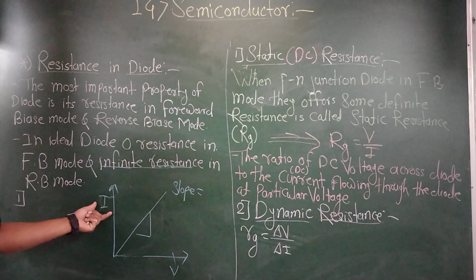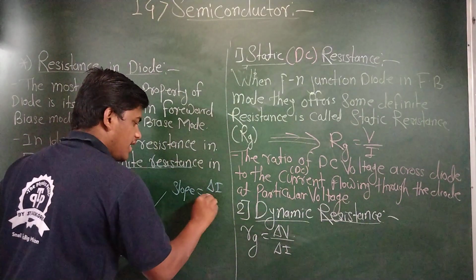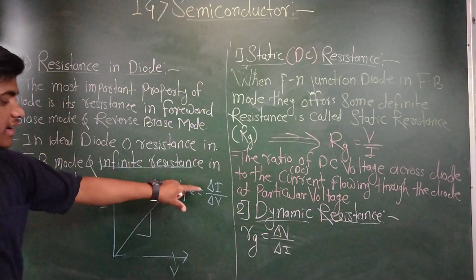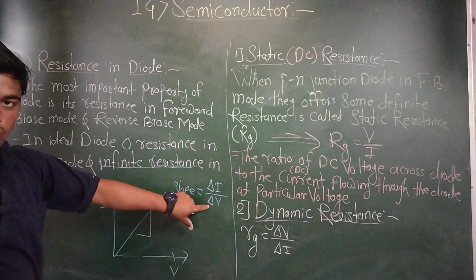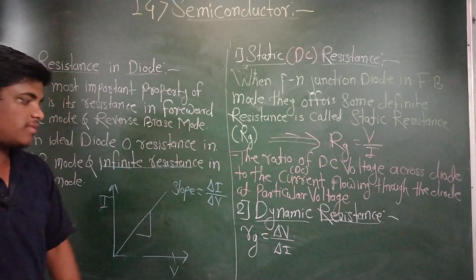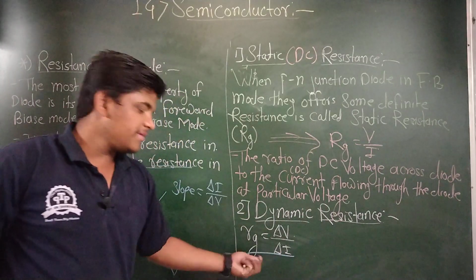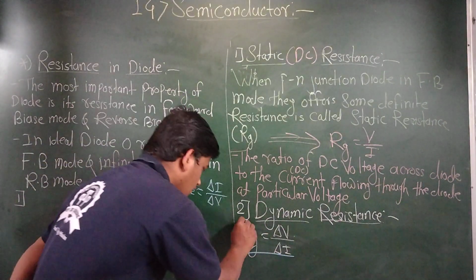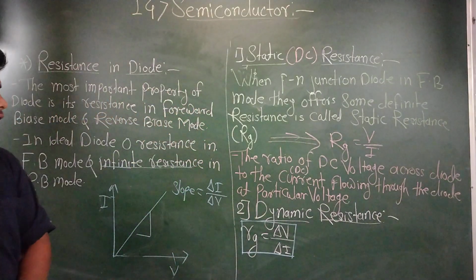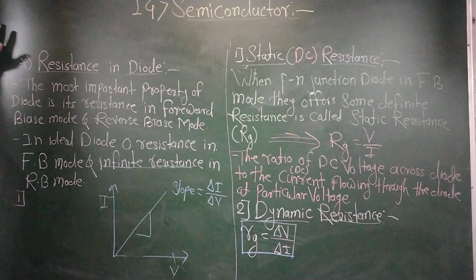Here y2 minus y1 means I2 minus I1, that is delta I, and this is delta V. This is the slope, and we take the reciprocal of the slope. Then delta V goes to the numerator and delta I comes to the denominator. That is why it is called the reciprocal of the slope of IV characteristics.